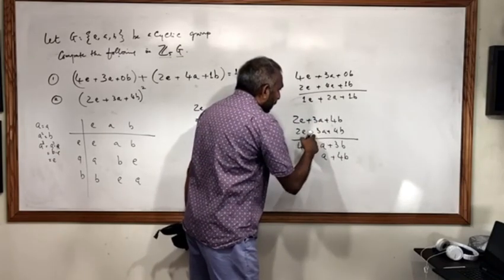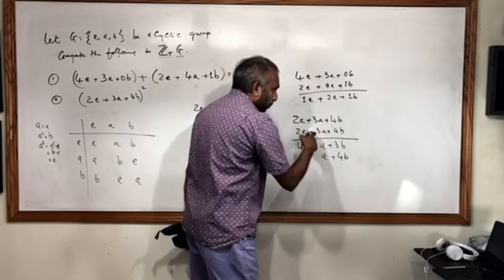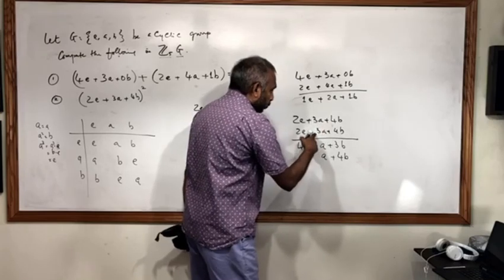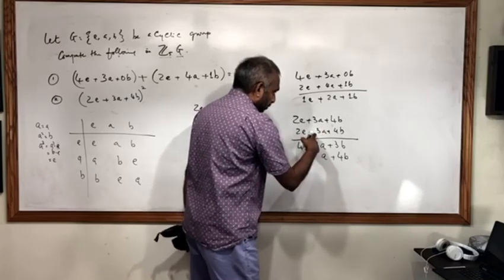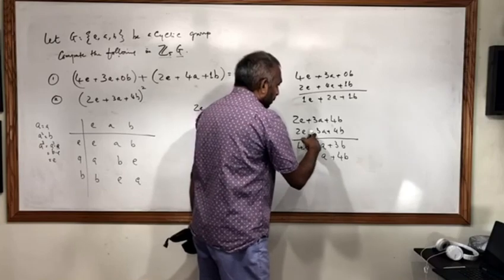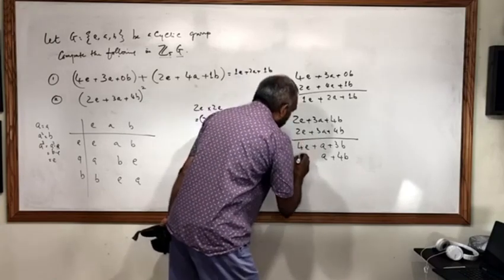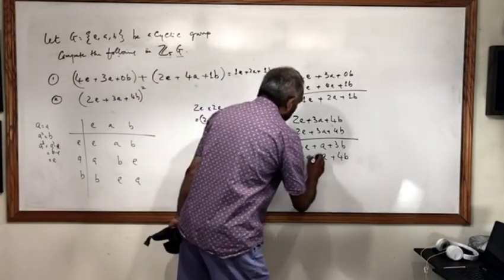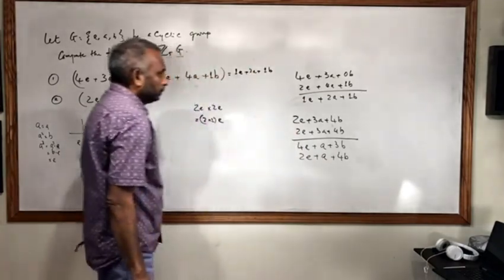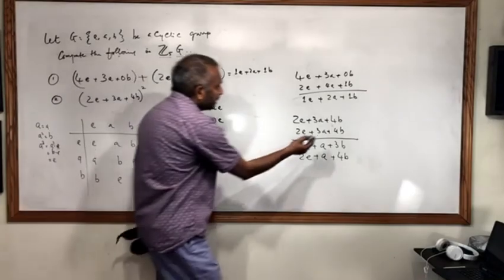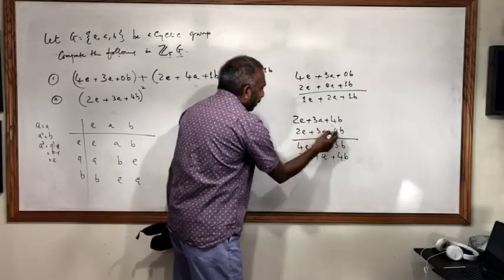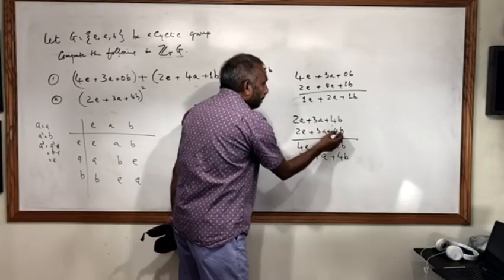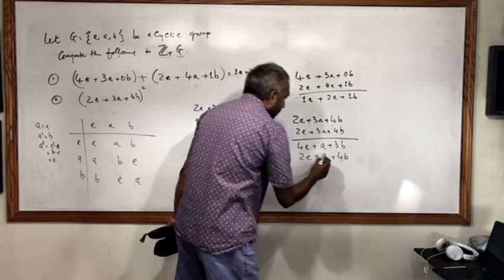And 12ab, 12 is 2, ab is e, so 2e. Then 8b, that is 3b.